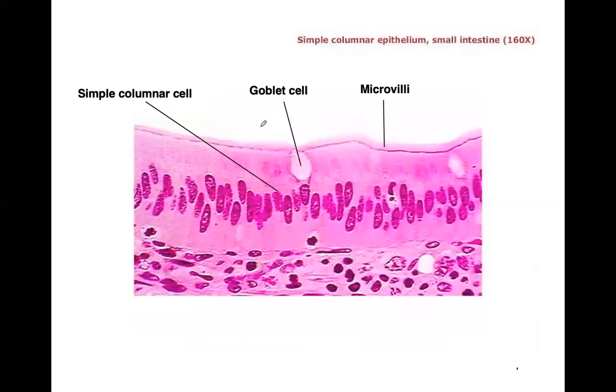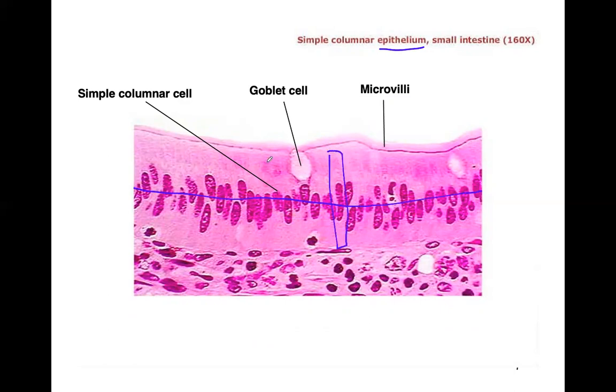Now, this should look different than this, the shape of the cells. So we see cells closely packed together, so we know it's epithelium. We see that the nuclei, for the most part, are pretty much aligned, right up the center. And they are columns.